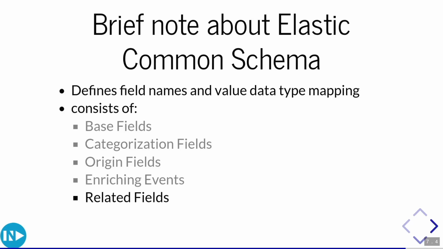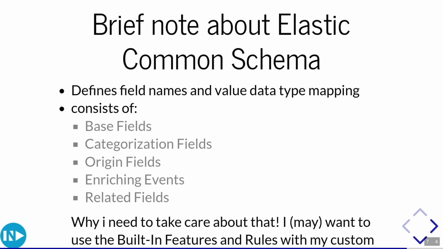If I want to figure out what a user is doing across the whole scope, I just search in the array-based field related username. If I want to track a specific IP, I search in the array-based field related IP. And why do I need to take care of all that? I want the built-in features like SIEM and so on to work also with my custom integration.